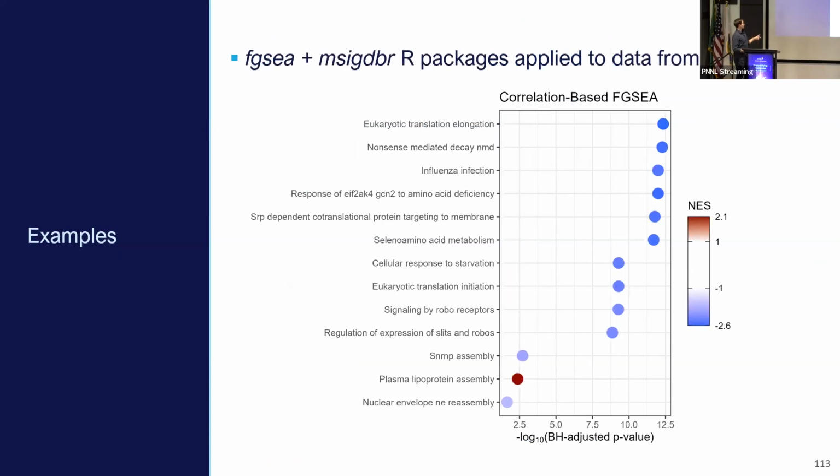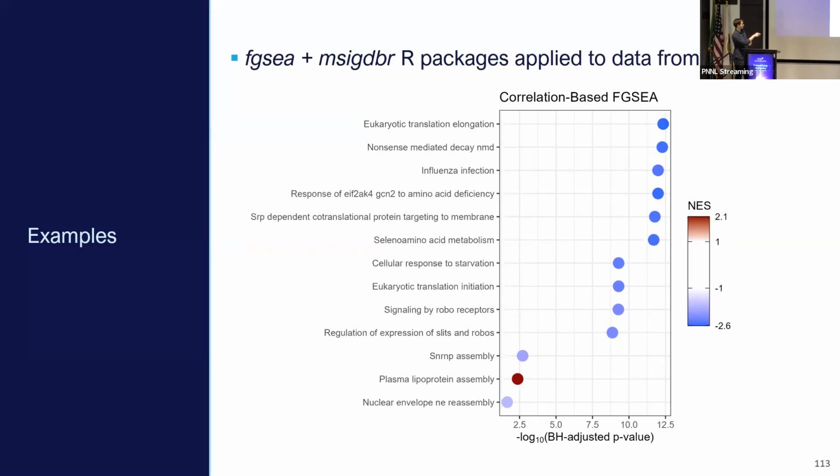So here's an example of using what's called FGSEA, fast gene set enrichment analysis. Here, I believe, this is biological processes, one of the gene ontologies.